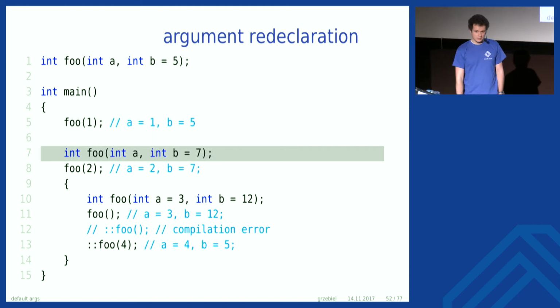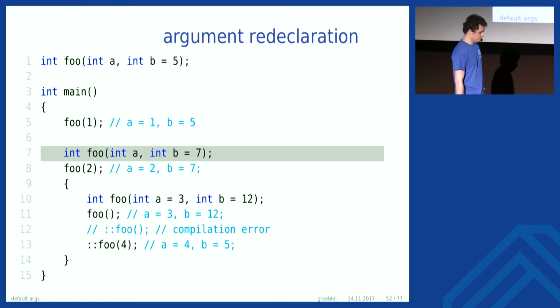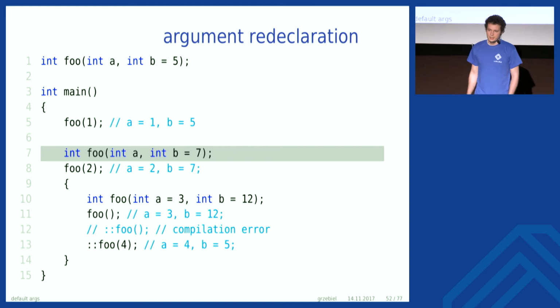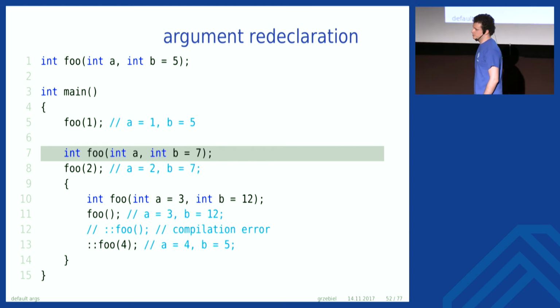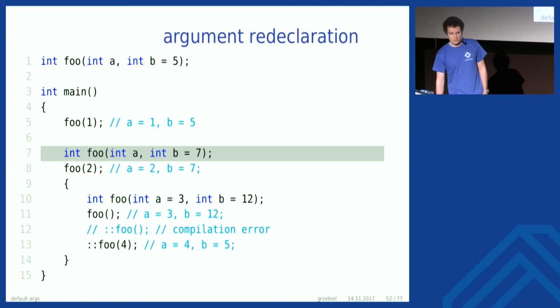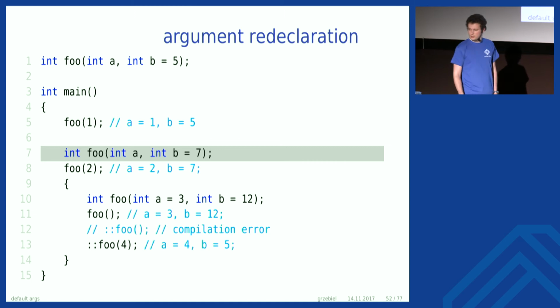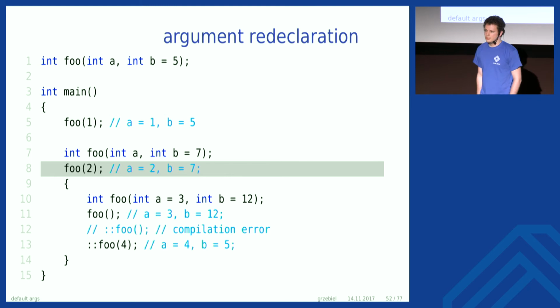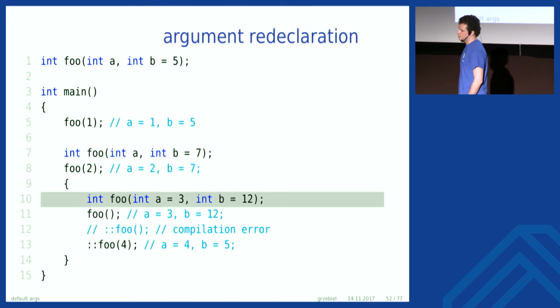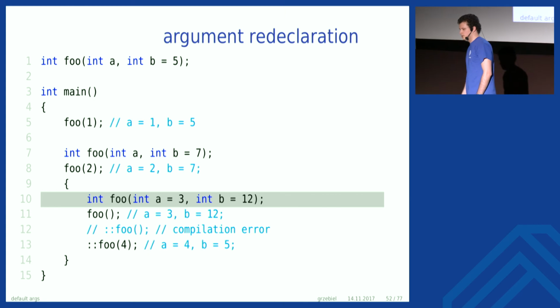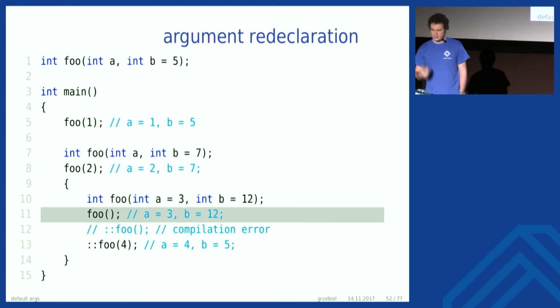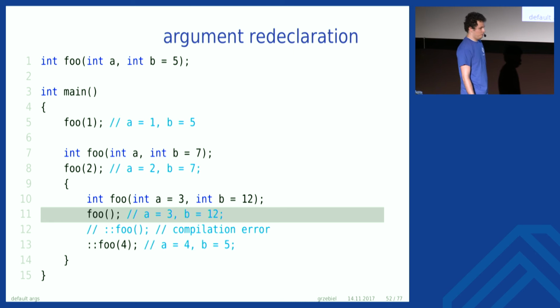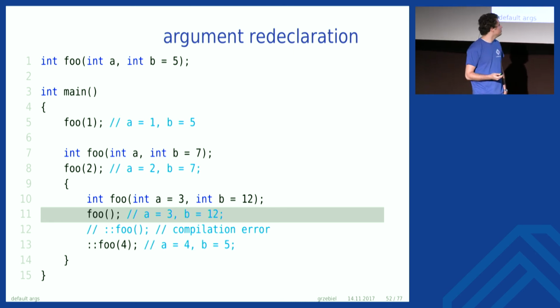But it turns out that in a scope other than the one in which our function is declared, we can redeclare default arguments and have this function called with a different set of arguments. So in this example, we can redeclare argument b to be equal to 7 and then call our function with a single argument and have other default arguments assigned. We can even introduce a new scope, redeclare both arguments and call our function with no argument. Why so? Because we can.